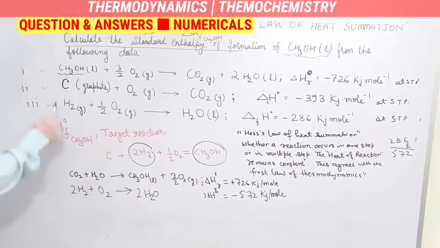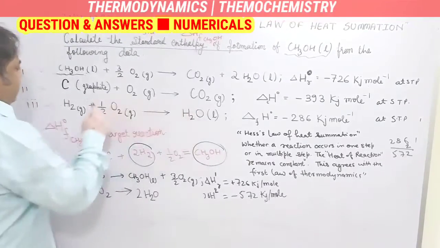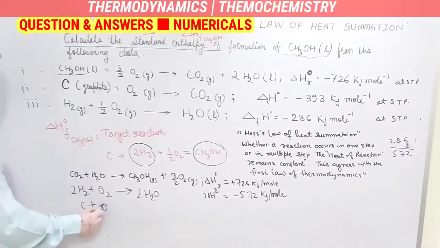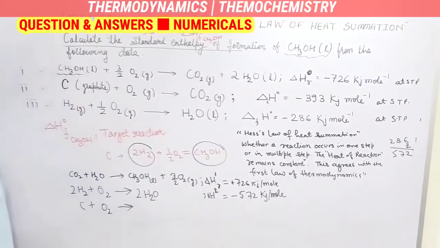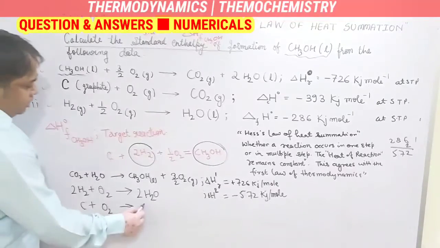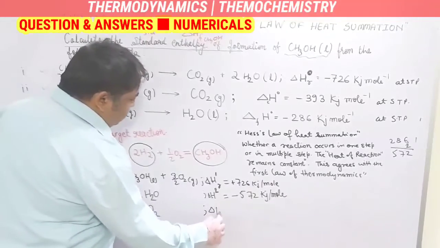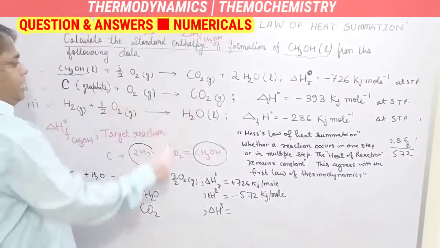Next, we need one carbon on the right hand side. So we will take this equation as it is. We will write down 1 carbon plus O2 forming CO2, and delta H3 will remain as it is there.